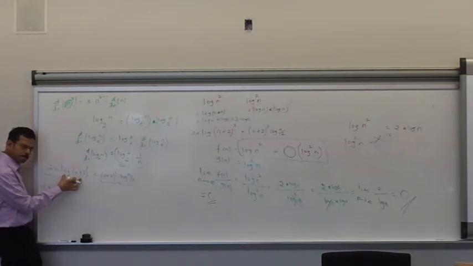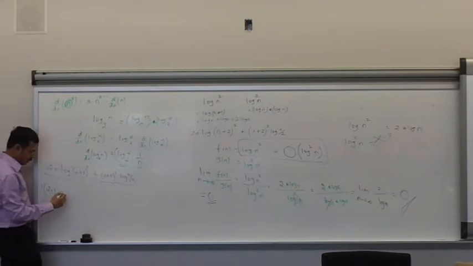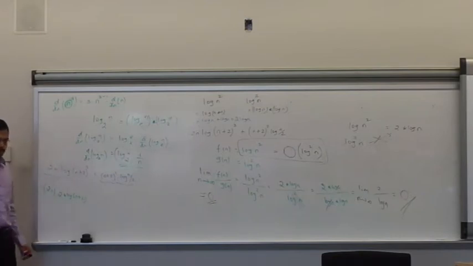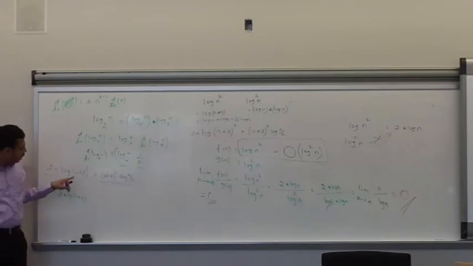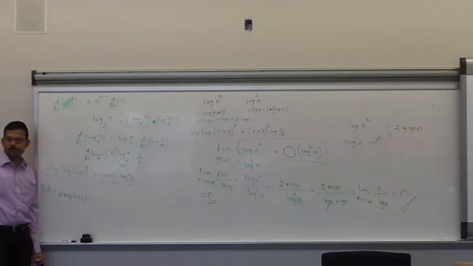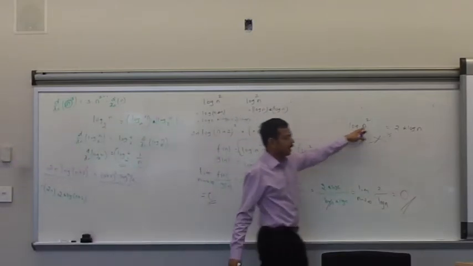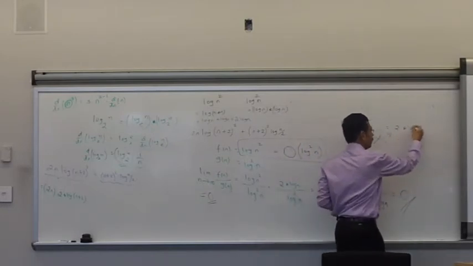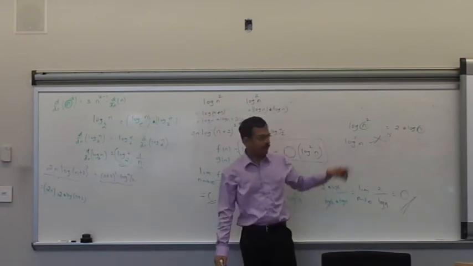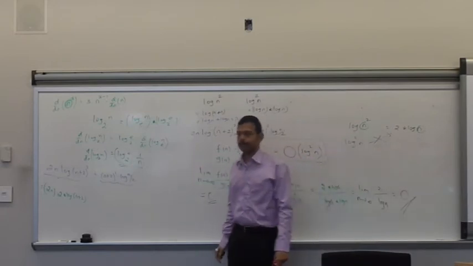Log n squared is 2 times log n, so log (n+2) squared is 2 times log(n+2). So instead of n, we have n plus 2. That's the only thing.